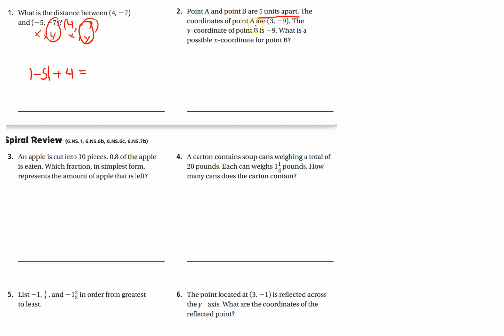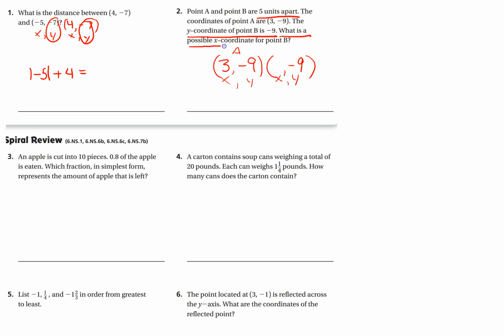Okay, point A and point B are 5 units apart. The coordinates of point A are 3, -9. That's point A. The y coordinate of point B, and again it's x then y, is -9. They told us the y coordinate of point B is -9.